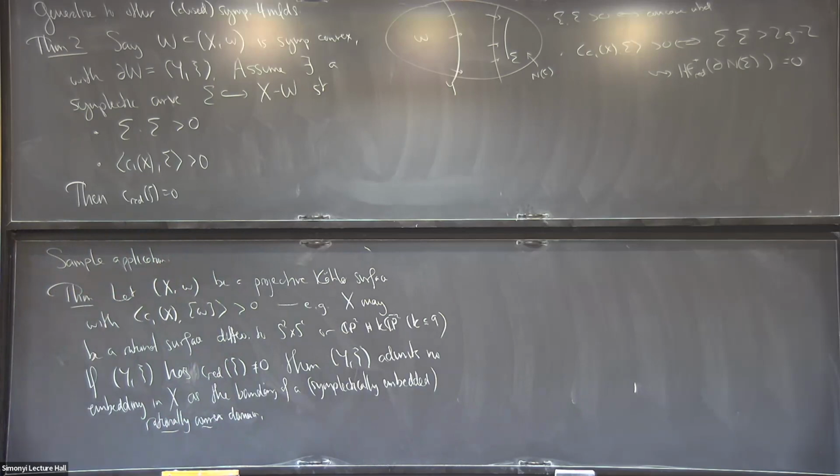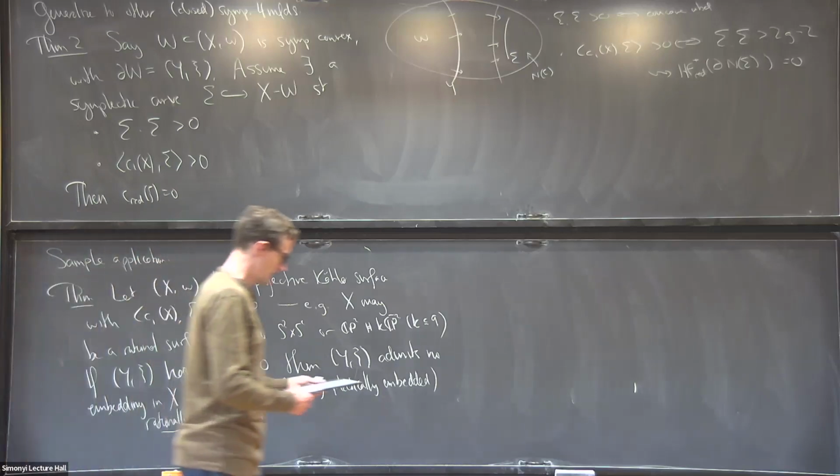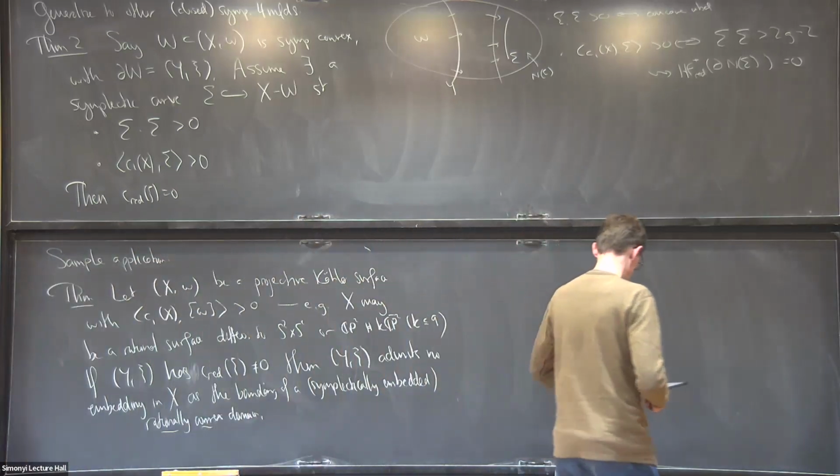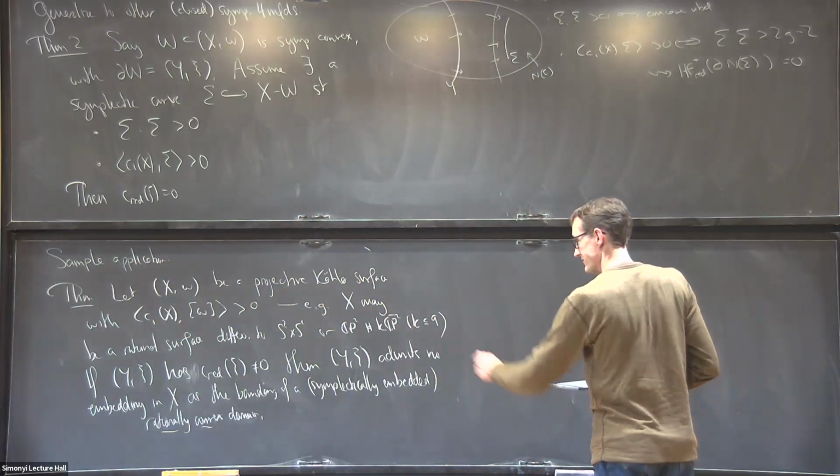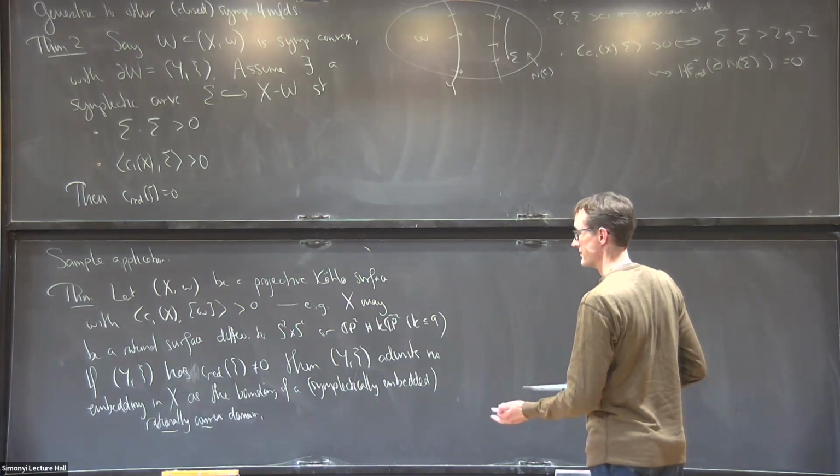So the way you're supposed to read this is that all the hypotheses and constraints I put on there are there to make sure that the hypotheses for the obstruction are in place. In other words, if you have positive Chern number and you bound something rationally convex, then there should be a curve in the complement with these properties. So the rationally convex part is basically the assumption that there is such a curve.